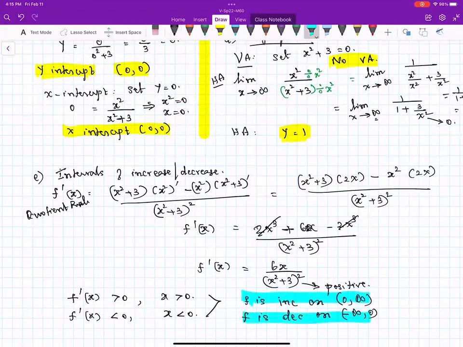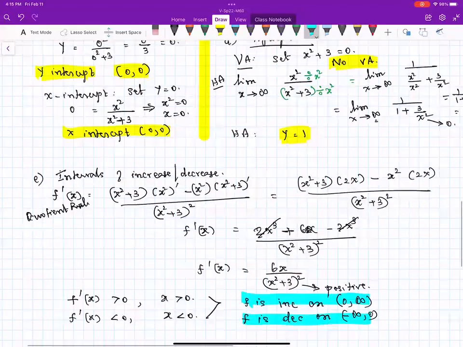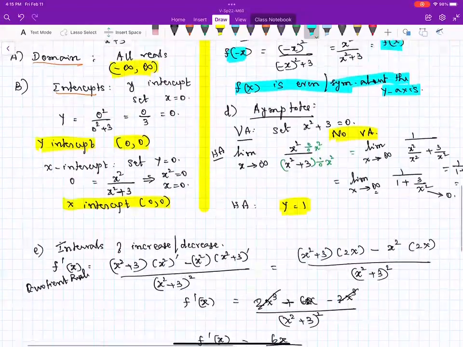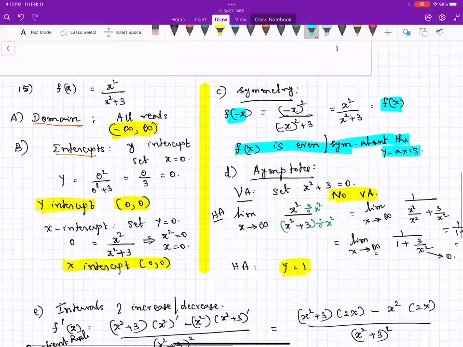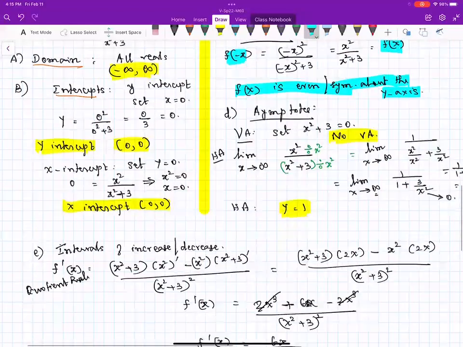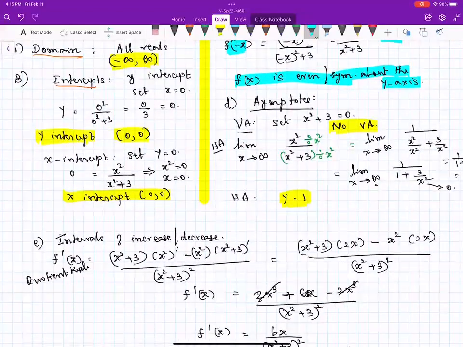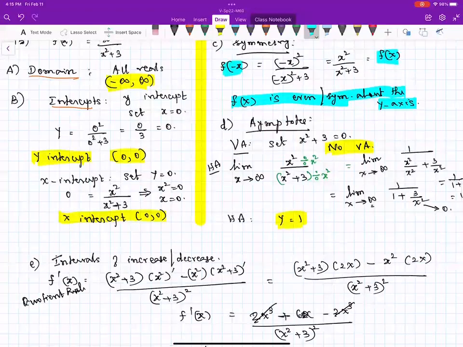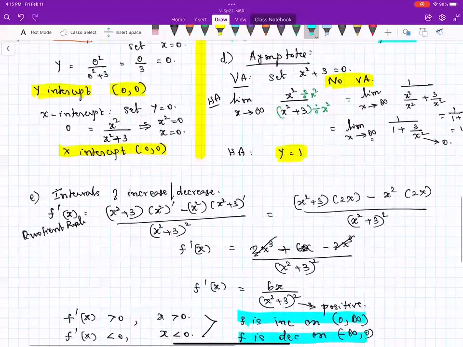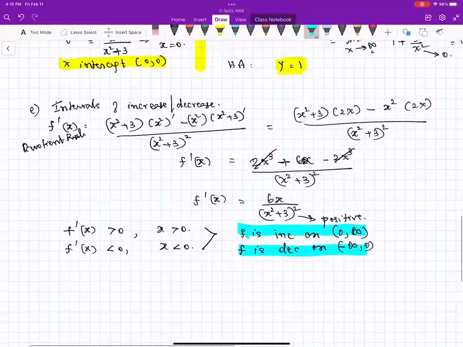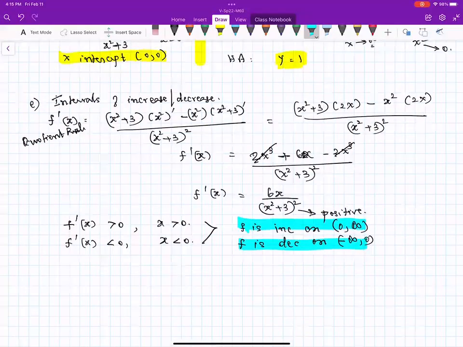So we now know, we have found out several things about the graph. Domain first, and then what the y-intercept is, what the x-intercept is, then whether there is a symmetry, then what the vertical and horizontal asymptotes are, then in which interval it is increasing and which interval it is decreasing. All right. Next, we have to do the concavity test.